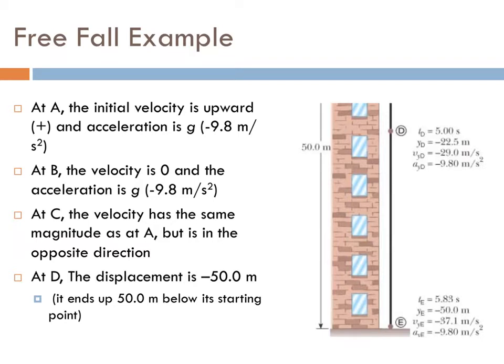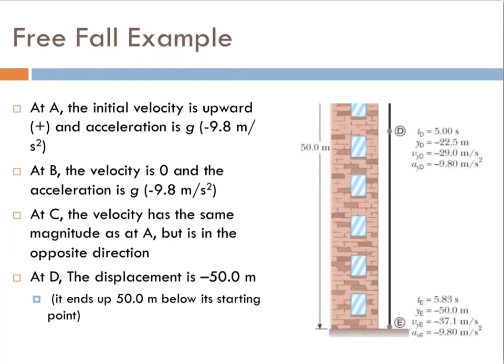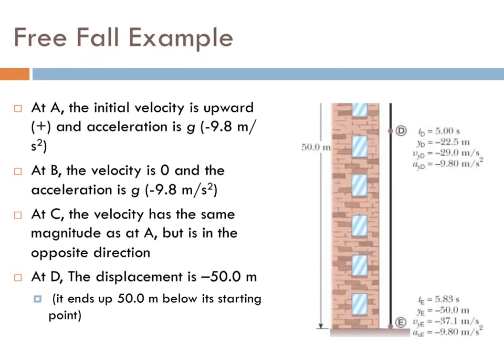Here we're looking at point D. So point D is now beyond where we started. Our little guy is over here, or somewhere over here. This is where he tossed the ball upward. The ball reached its highest point. Now it passed its original position, and now it has moved beyond that. So this is happening 5 seconds after we tossed it.